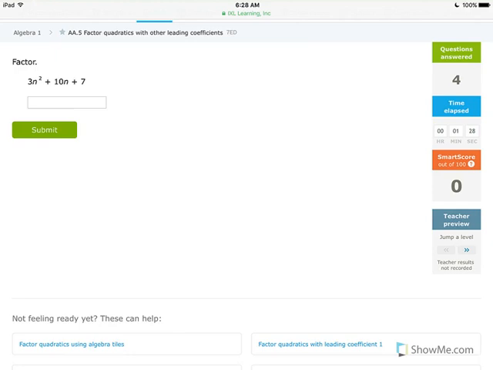And here's another one. So we want to find factors of the back times the front. So we need factors of 21 that sum up to be 10, the middle number. So what multiplies to be 21 but adds up to be 10 in the middle?